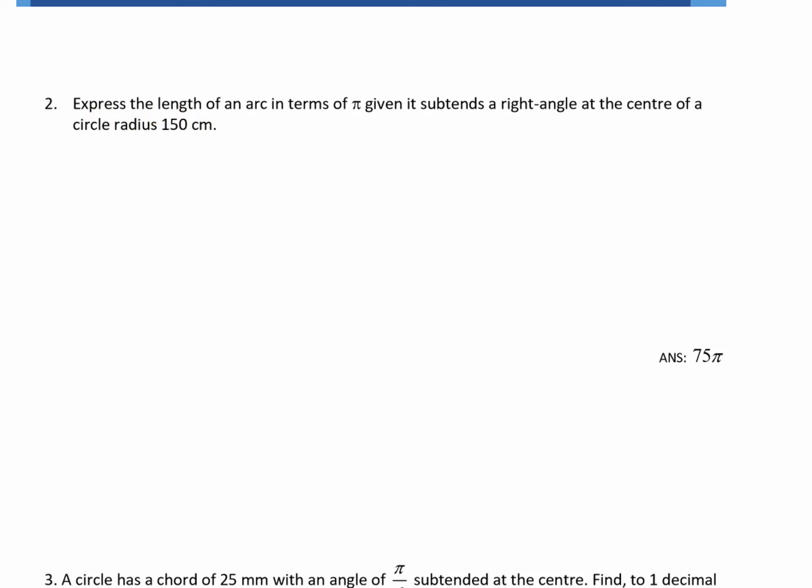It's almost like find the length of the arc, in terms of pi, given it subtends a right angle. What does that mean at the centre? That is our theta at the centre, and it has a radius of 150.